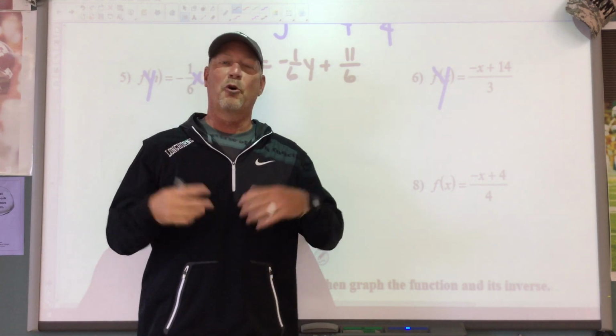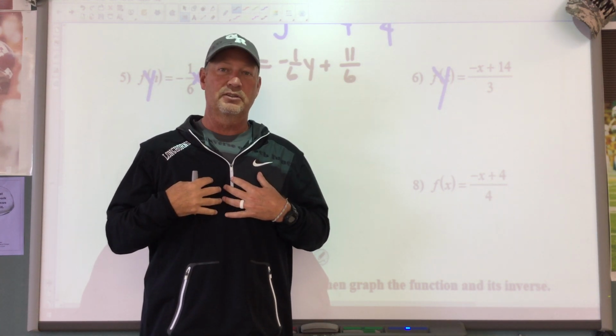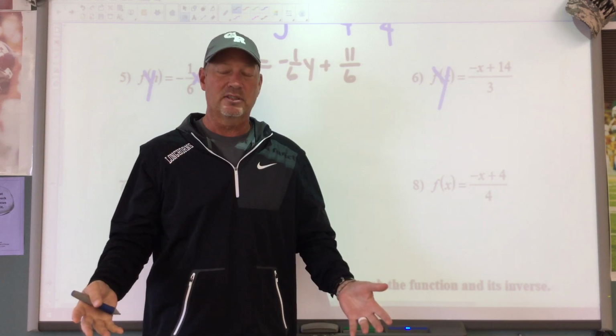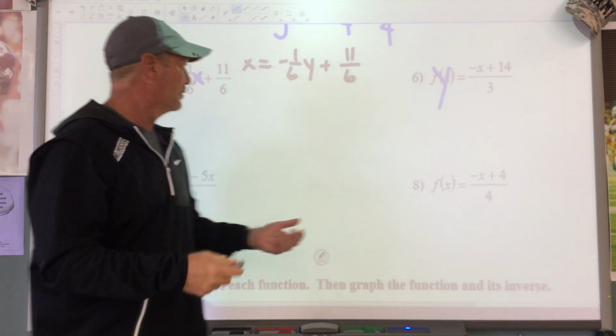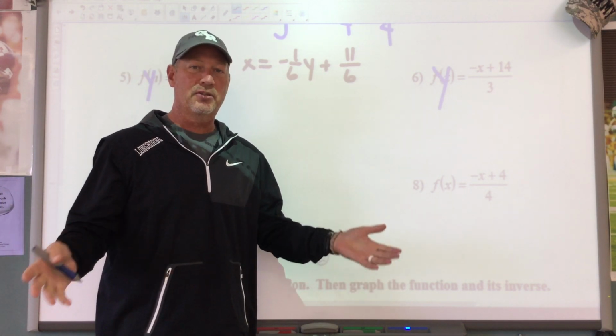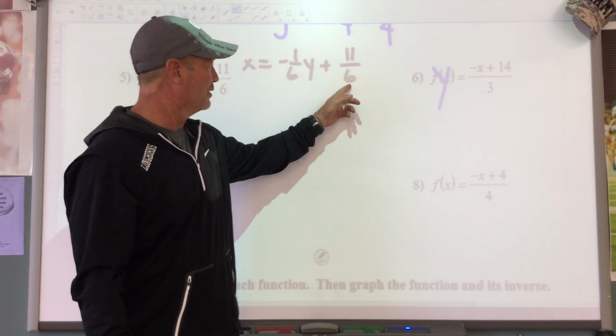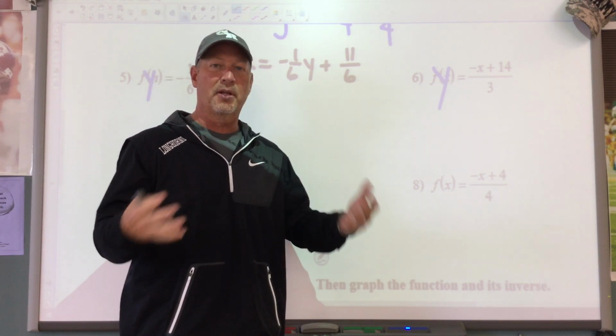Now, a lot of us have a phobia or we're not comfortable dealing with fractions, so my suggestion is get rid of the fractions as soon as possible. In this situation, to get rid of the fractions, you multiply every term by the common denominator. In this case, both of these are 6's, so the common denominator is 6.